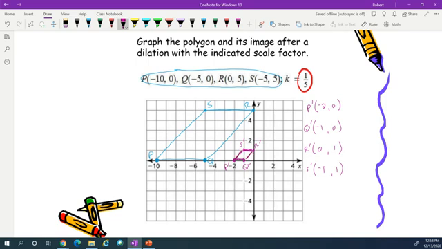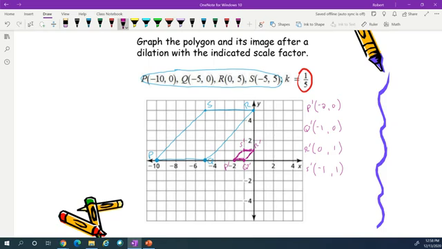And we can see our new parallelogram, which is much smaller. In fact, it is 1/5 the size. And all of our points are 1/5 the distance to the origin. So R was 5 points up. Now R prime is 1 point up, 1/5 of that distance.